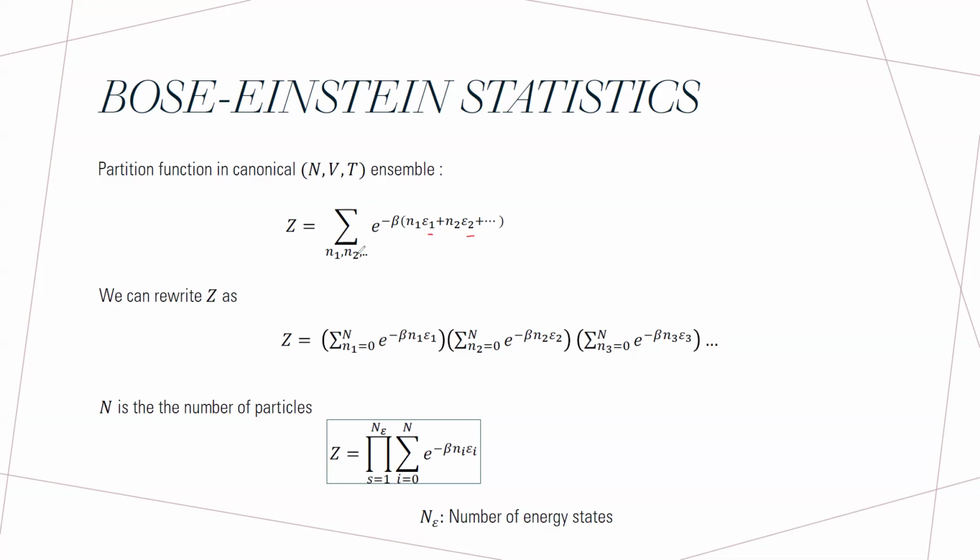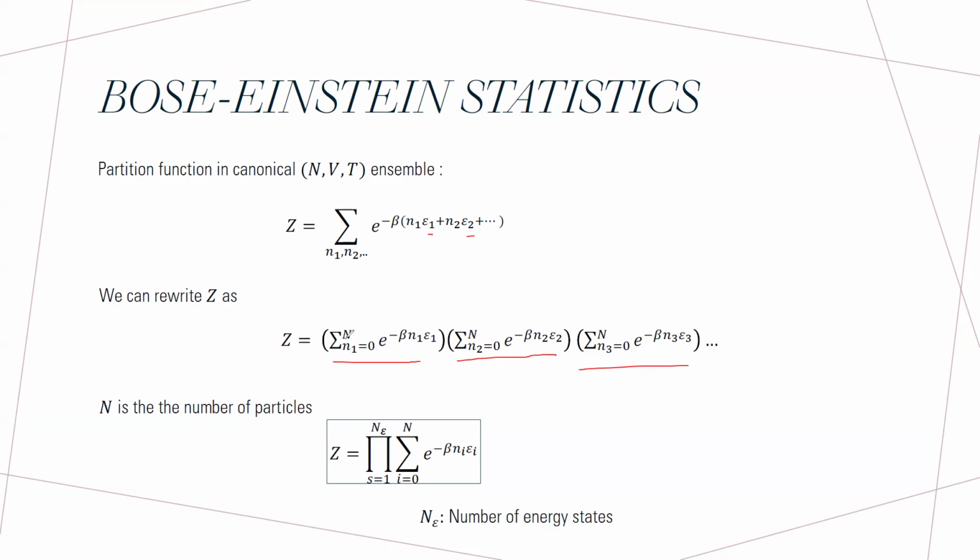Here n1, n2, these numbers are independent from each other. Therefore, we can write this summation in this form. These are products of these summations. Therefore, the total partition function can be written in this way.